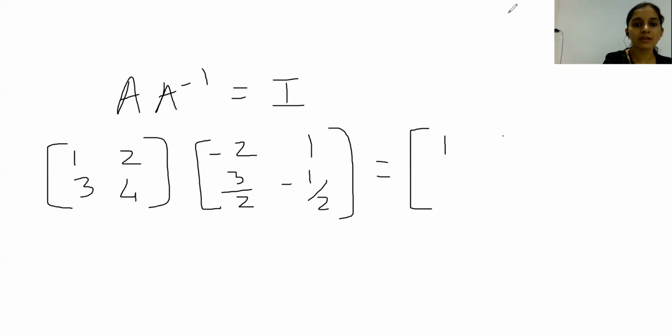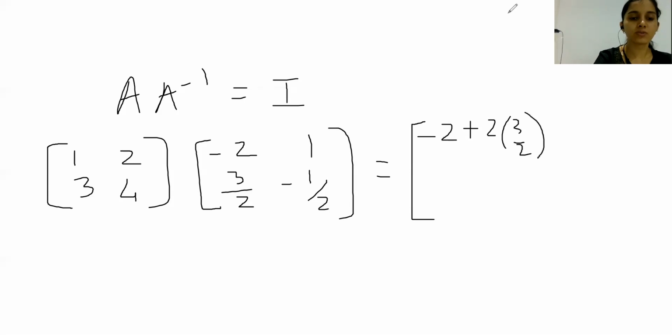I'll just write the multiplication so it's easier for you to check. 1 into minus 2 is minus 2 plus 2 into 3 upon 2.